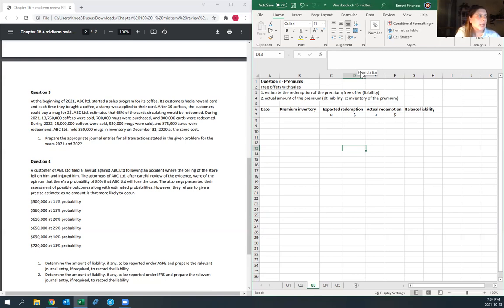I like to make a little table when I do these types of problems, because there's a lot of information and you wonder where to put it all. I just find it easier. Also, like the warranties, there are two ways to account for premiums.